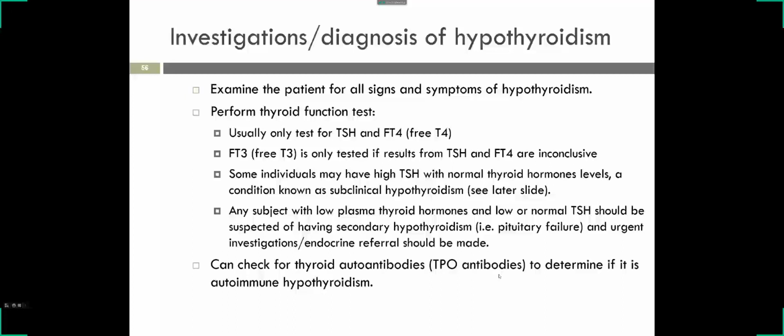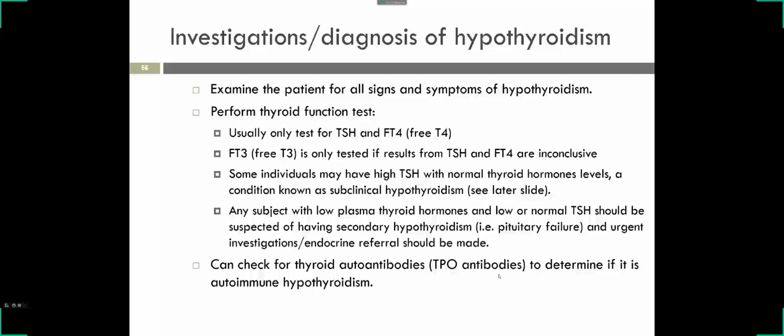And then you can check for thyroid antibodies to determine if it's autoimmune hypothyroidism. So one of the common antibodies are antibodies against TPO. And do you remember TPO is that enzyme that is responsible for trapping iodine after it crosses the membrane, right?